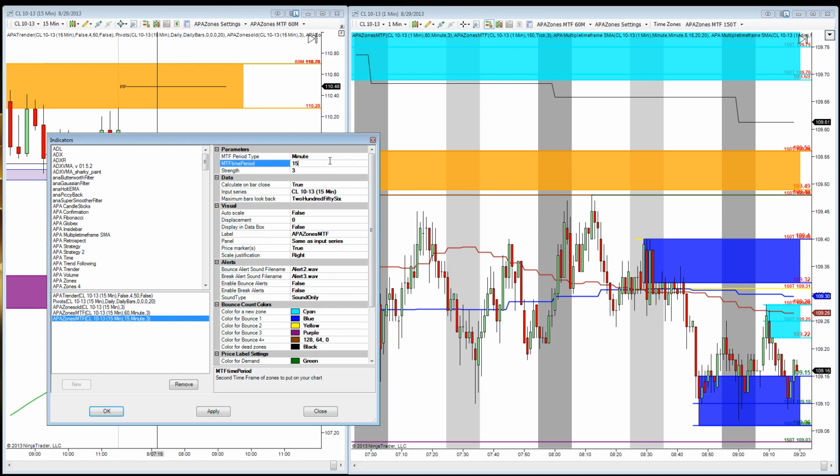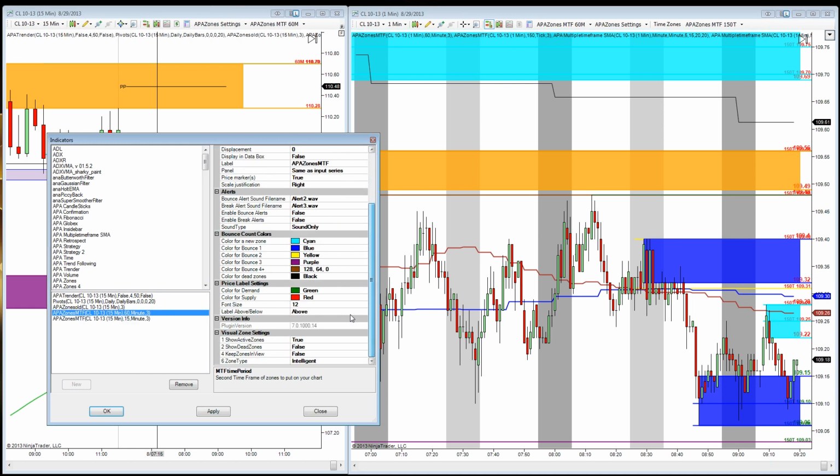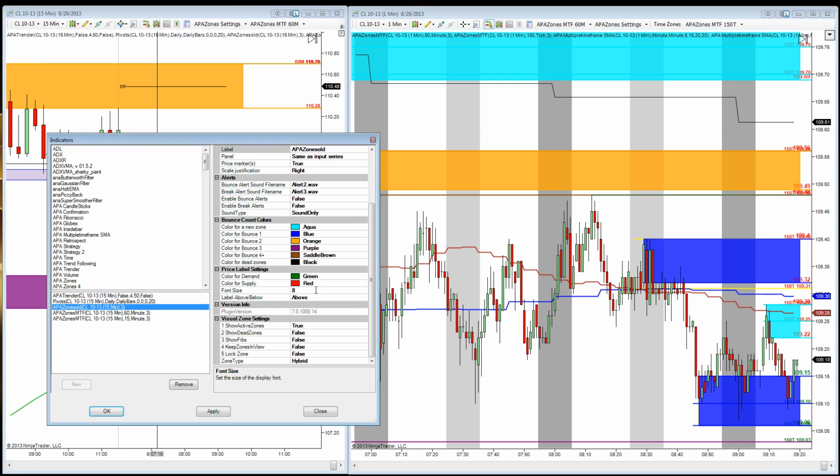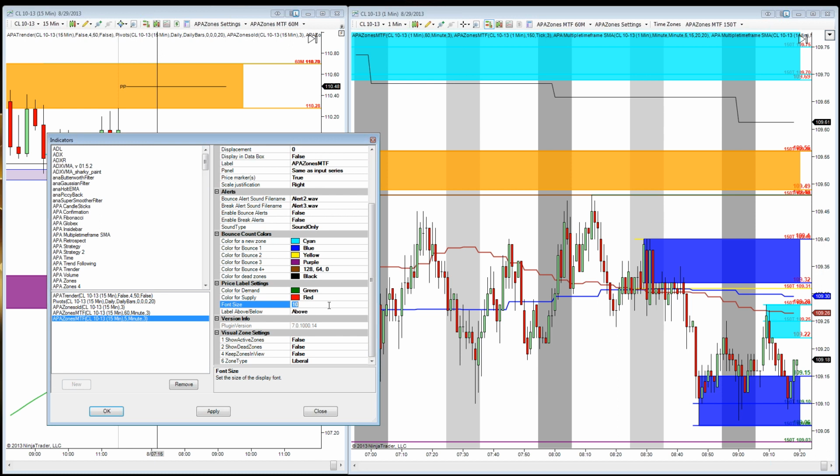So actually let me do a 5-minute there, and we will change this one to that and this one to that, like so. Alright, and then you have all these visual settings down below here.